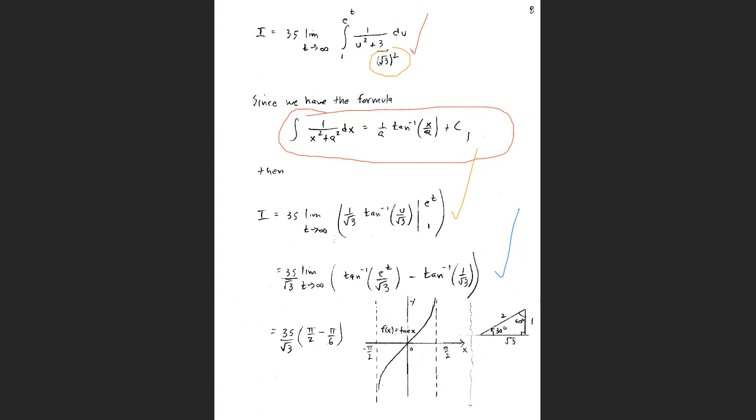I've drawn a picture of the tangent function below. The 35 root 3 is here in front, no problem. Now the pi over 6. Notice that I drew a 30, 60, 90 triangle, right? There's the 30, 60, 90 triangle.